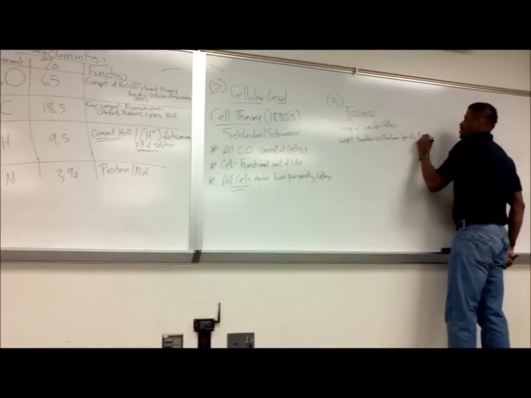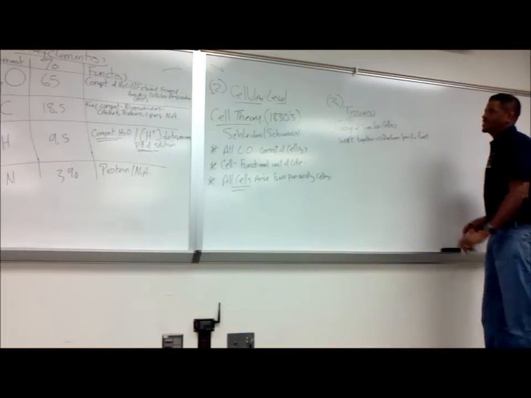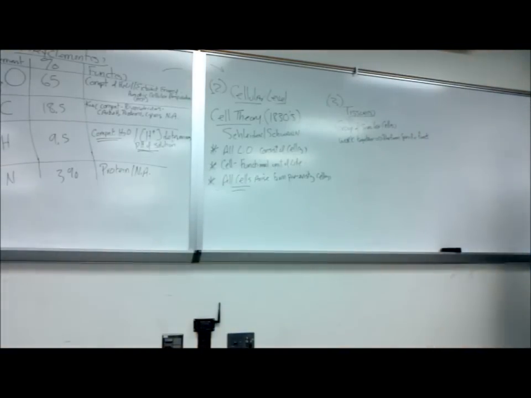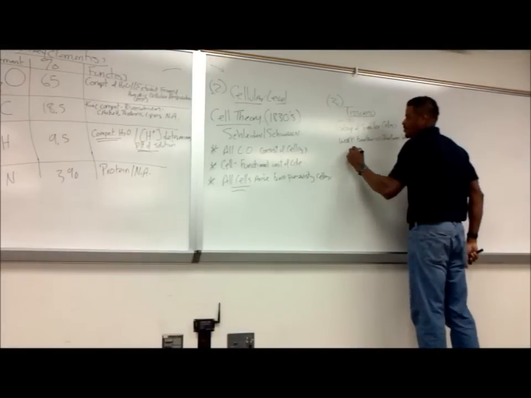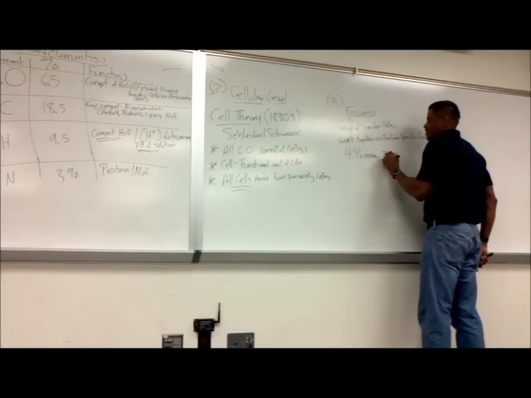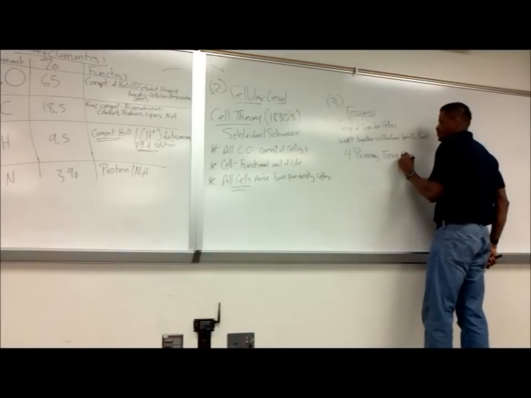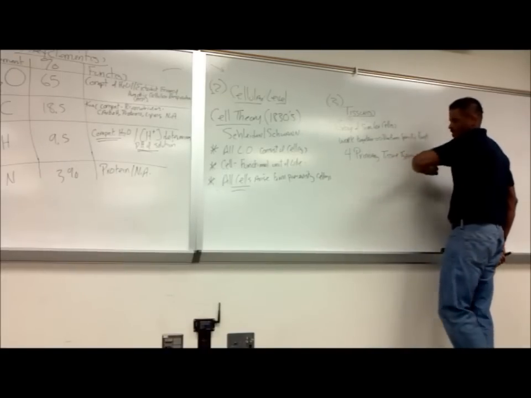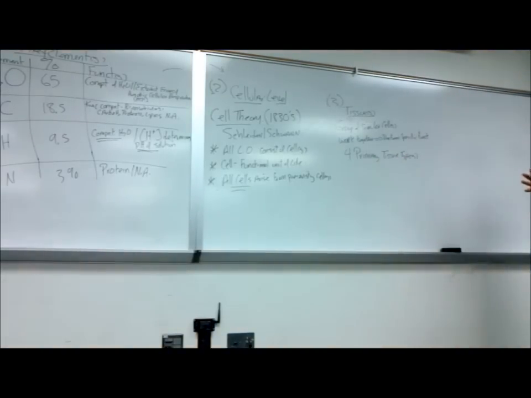And when we think about the human body, it has 4 major tissue types, or 4 primary tissue types. We have our epithelial tissue.